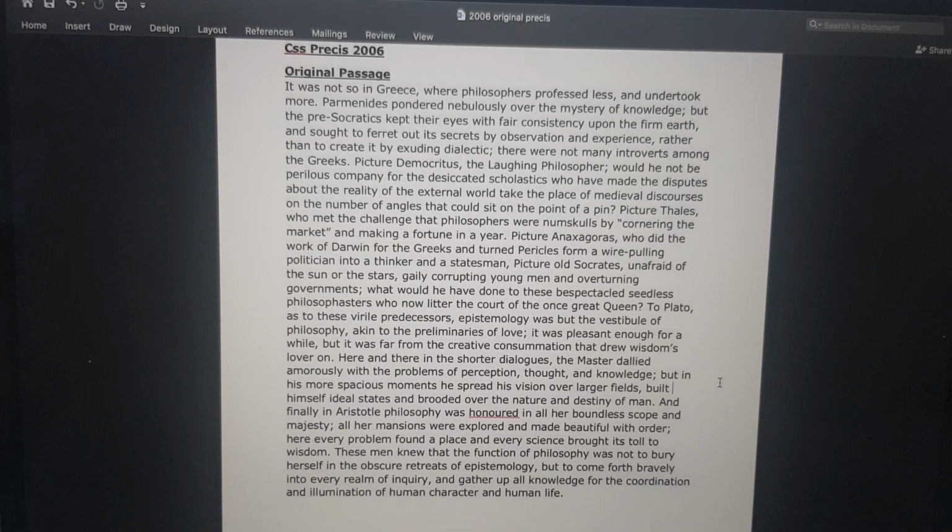For example, in this original passage, you have to read it once before attempting, and point out or underline all the main points that you consider very important. You have to underline all the main points in your very first reading, with the help of a pencil or simply draw brackets.